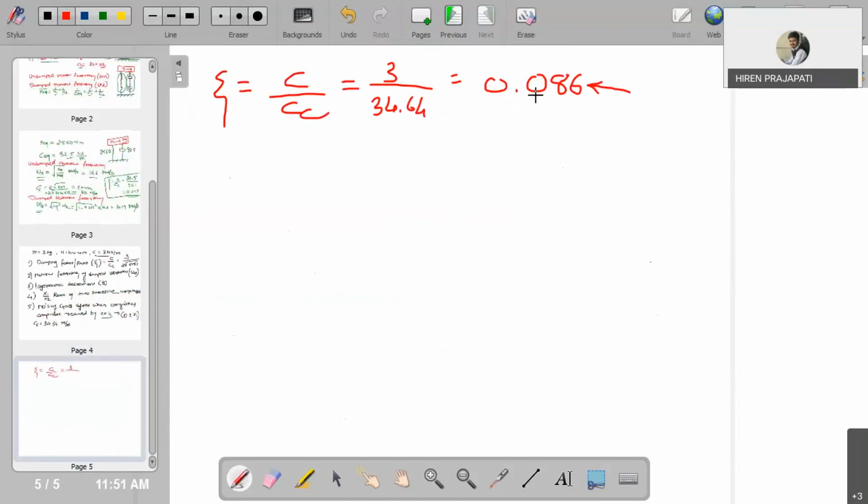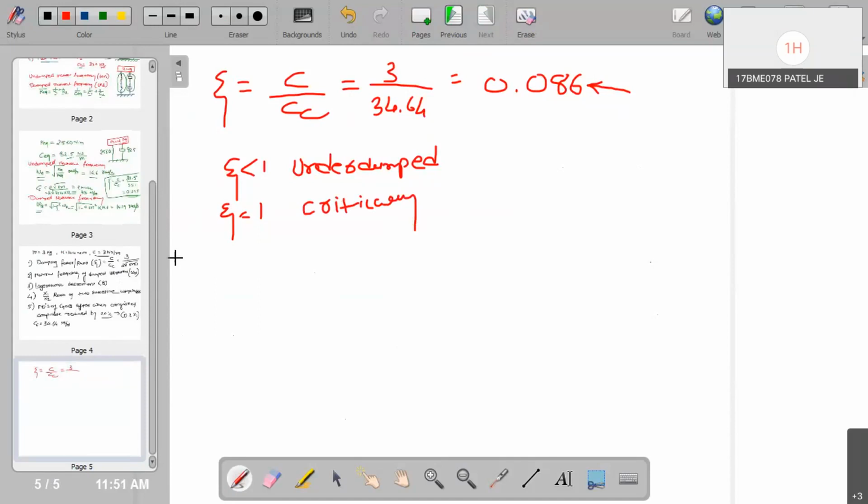Now, will you tell me if zeta is 0.086, then which type of system it is? Underdamped, overdamped, critically damped? See, we discussed: if zeta is less than 1, then underdamped. If zeta is equal to 1, then critically damped.